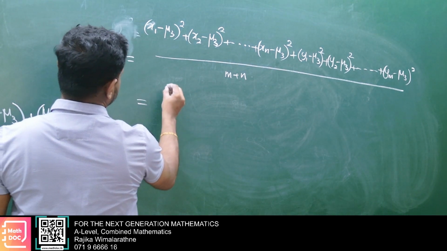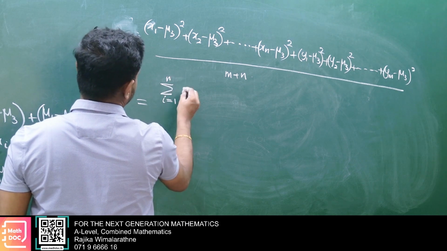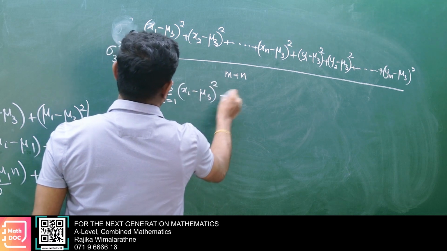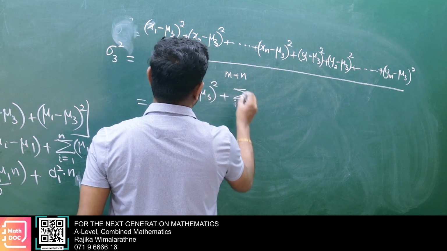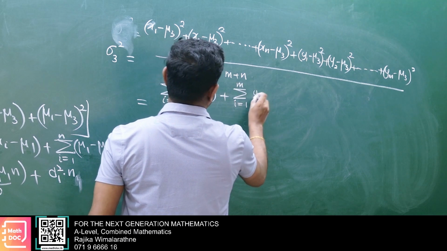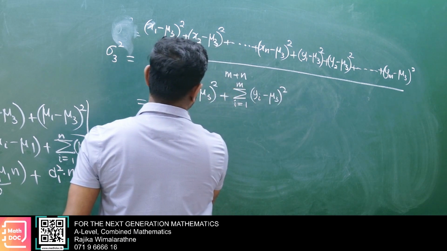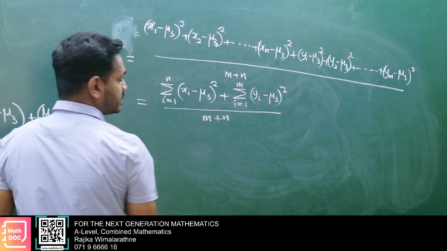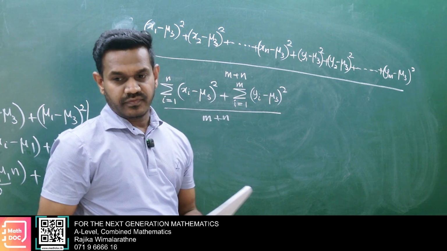Then that is equal to sigma i equals 1 to n of (xi minus mu3) squared plus sigma i equals 1 to m of (yi minus mu3) squared, divided by m plus n. So here is the pooled variance. Now instead of this, we prove one thing.